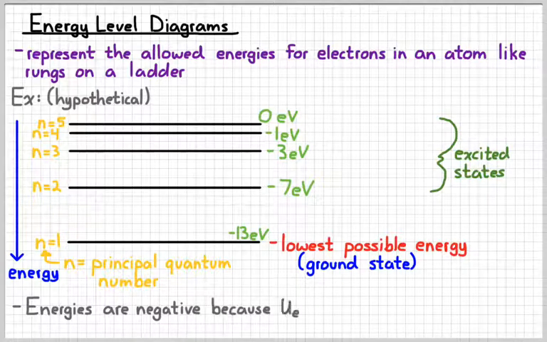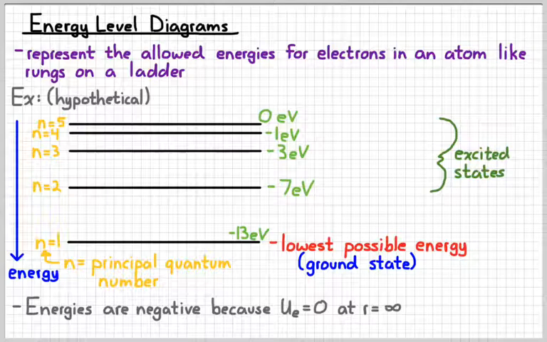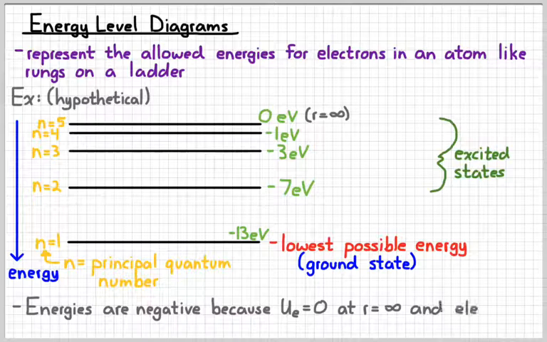And remember that they have to be negative because electric potential energy, the kind of energy we're talking about here, is 0 when the two things are infinitely far away. So if an electron is infinitely far away from the nucleus of an atom, its energy would be 0. That energy level would represent the electron being infinitely far away from the atom.